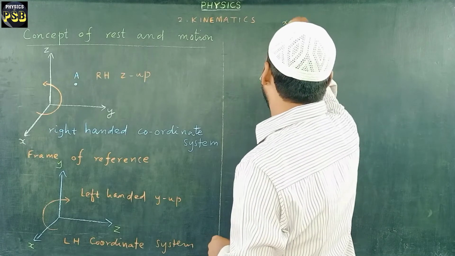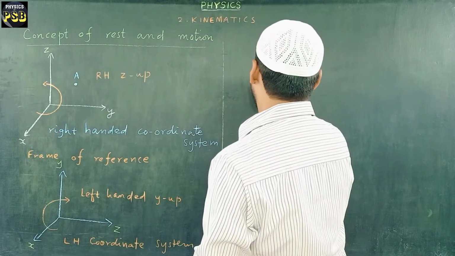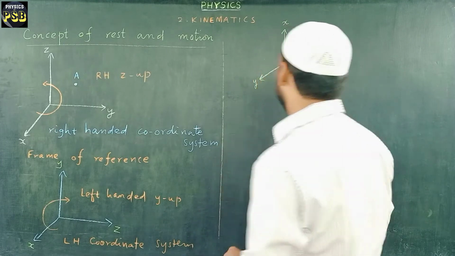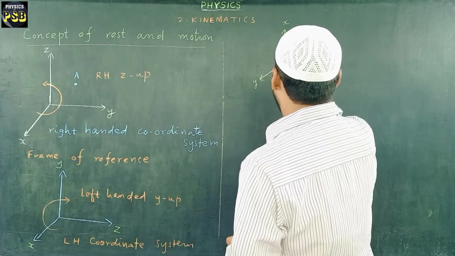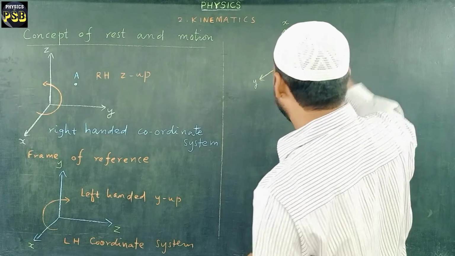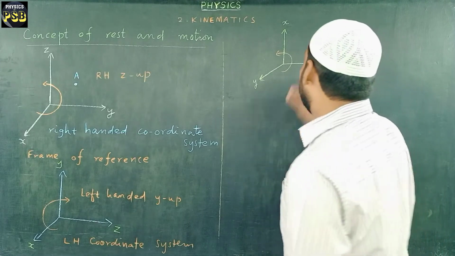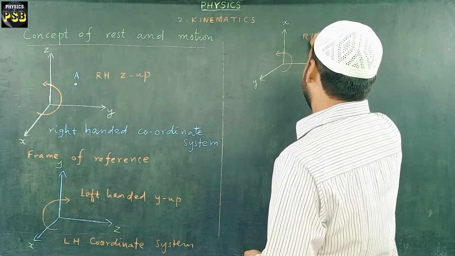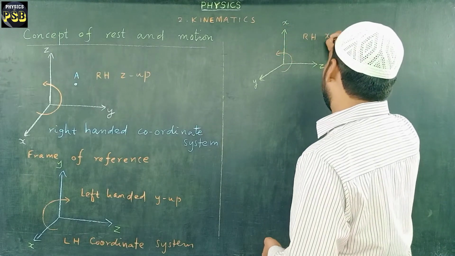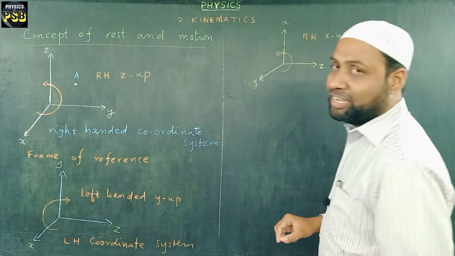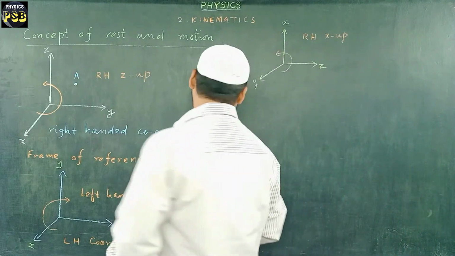Keep x here, x, y, and z. It rotates in anti-clockwise direction. So it is nothing but a right-handed x-up coordinate system.